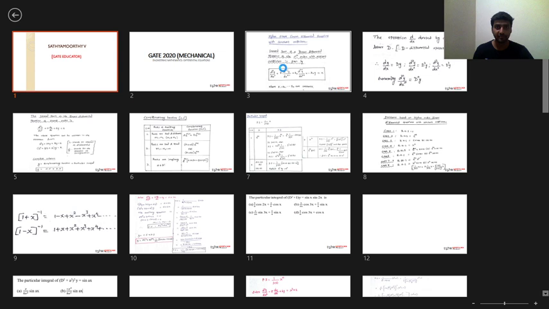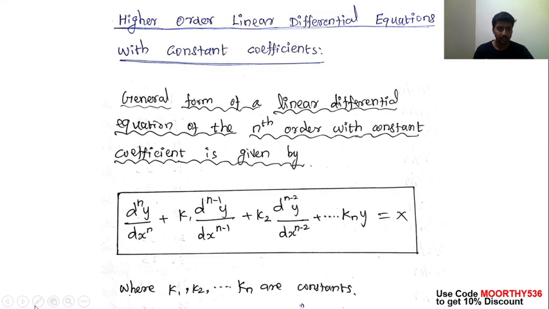Higher order differential equations. Higher order linear differential equations with constant coefficient.